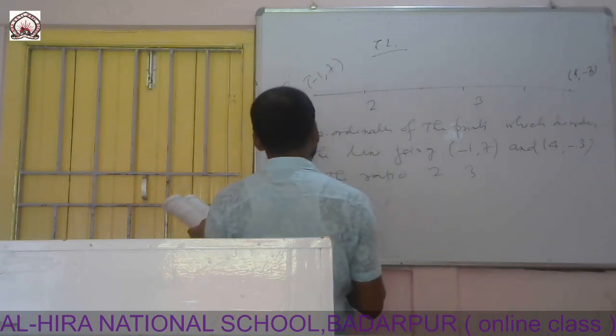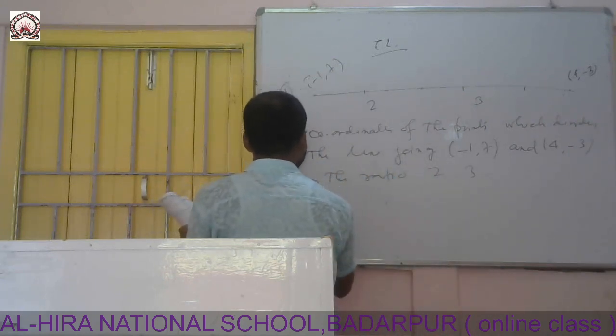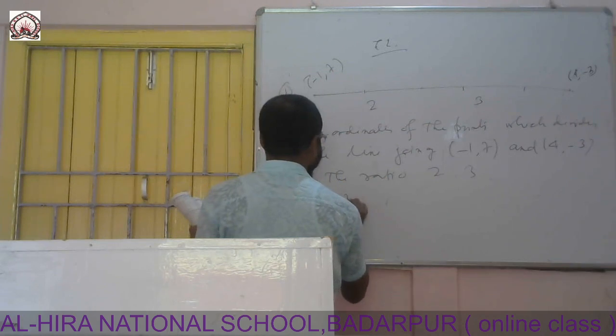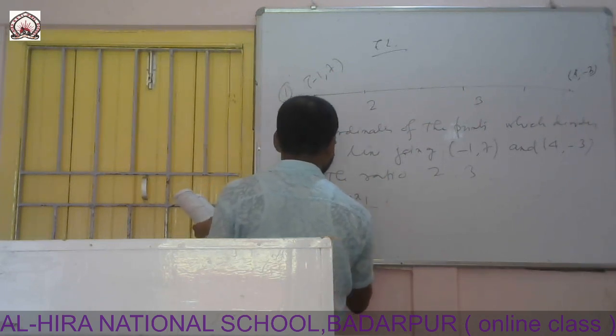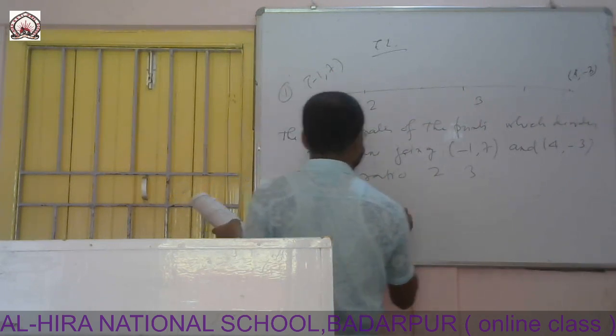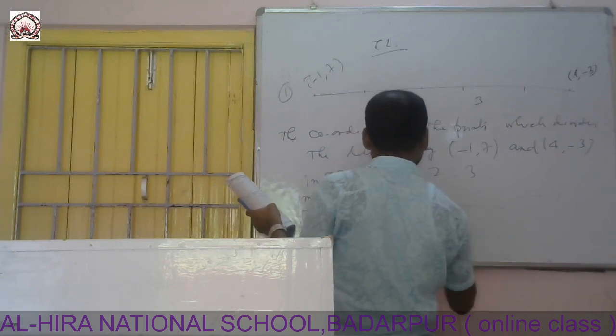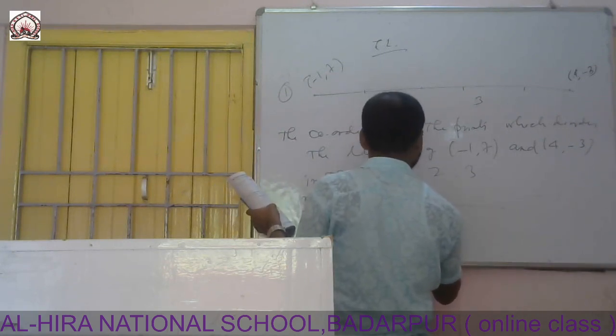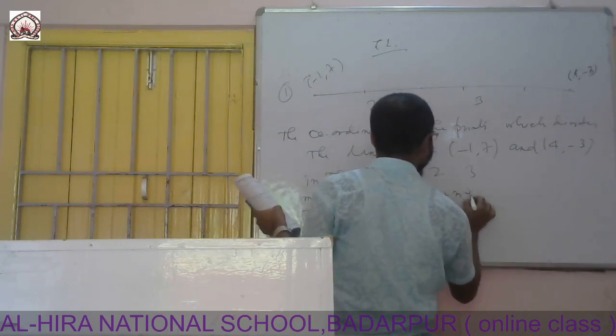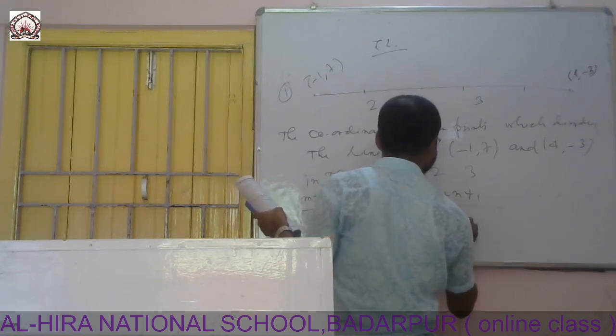So in the ratio 2:3, the formula is (mx2 plus nx1) by (m plus n) and (my2 plus ny1) by (m plus n).